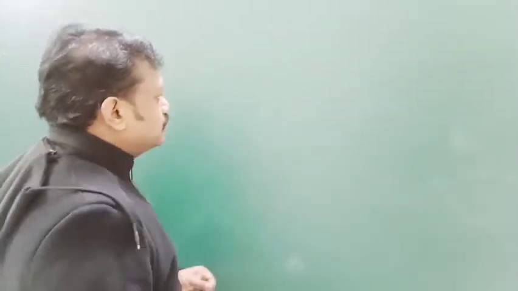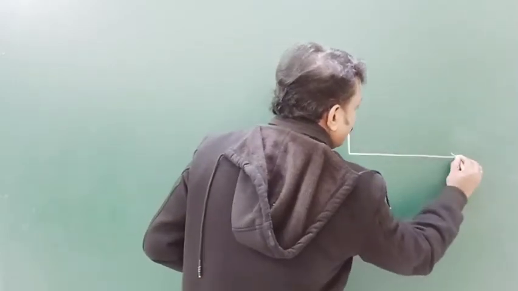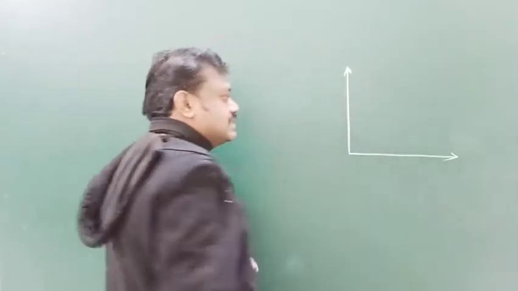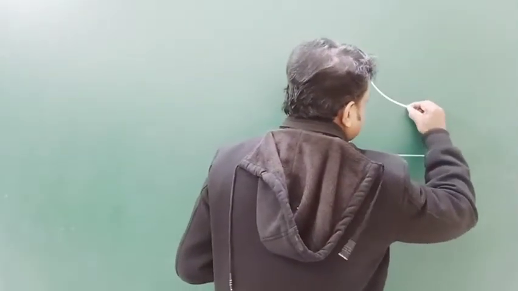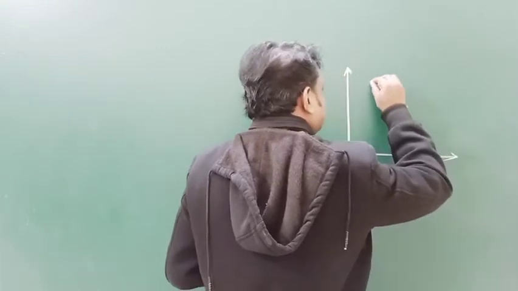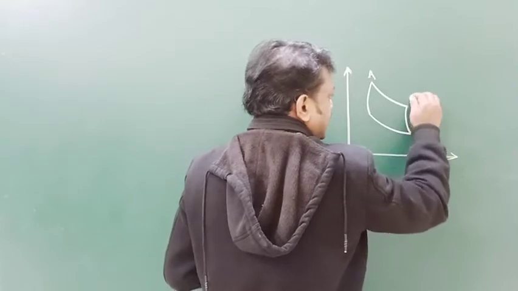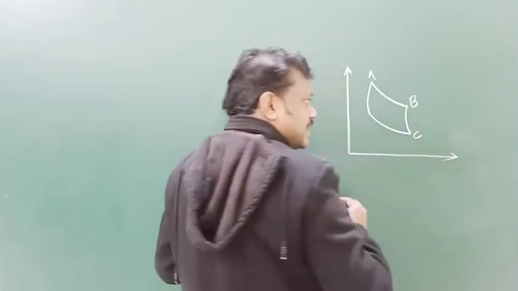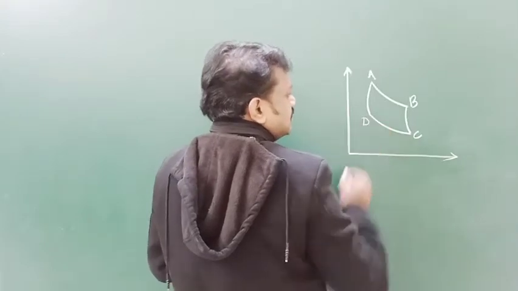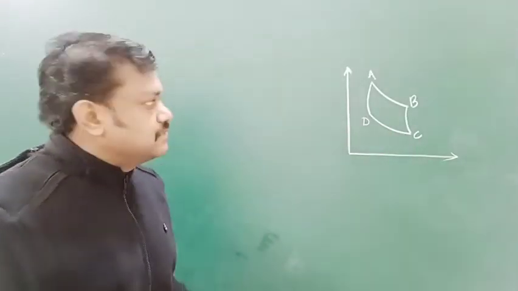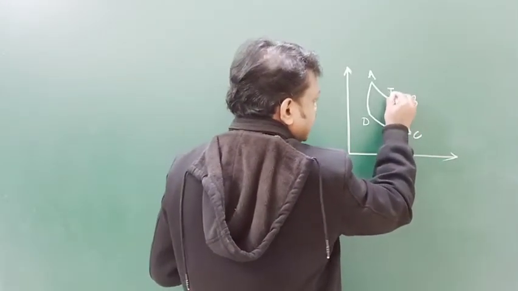So you can have the PV diagram for our Carnot cycle, in which you have four processes: isothermal expansion from A to B, adiabatic expansion from B to C, isothermal compression from C to D, and adiabatic compression from D to A. During the process A to B, the temperature remains T1.